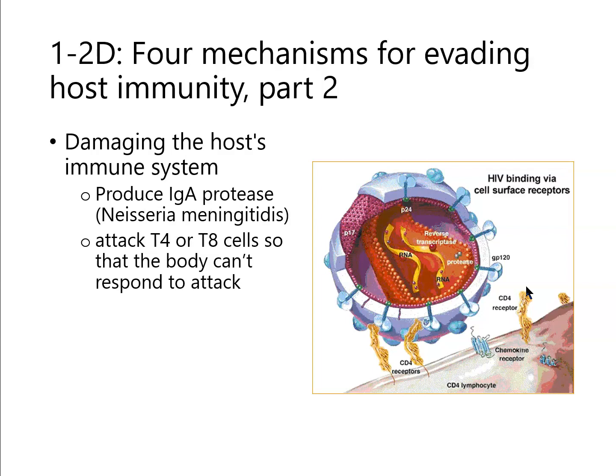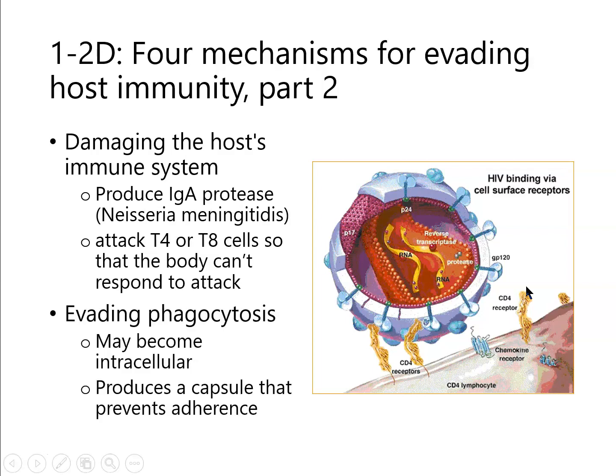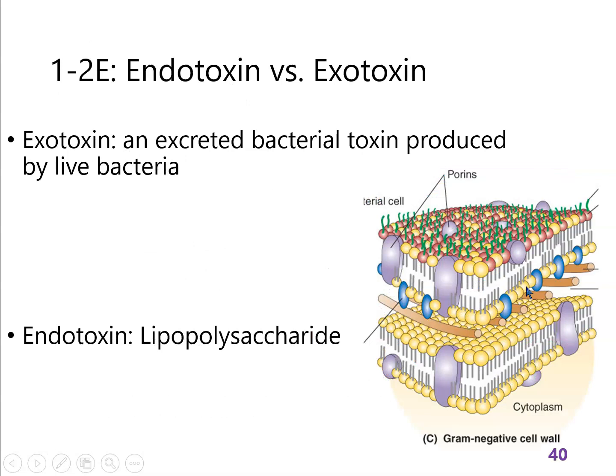So in a lot of cases, they're making sure that the host can't use cytotoxic T cells, or they're making sure that the host can't use the interferons. And then a lot of pathogens somehow get around phagocytosis. Either they survive phagocytosis, or they just prevent it completely. So those are ways pathogens can avoid immune systems.